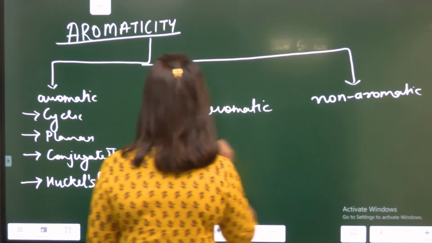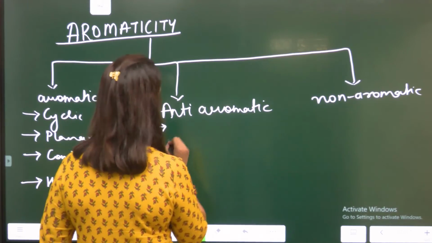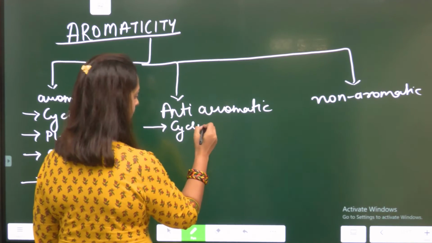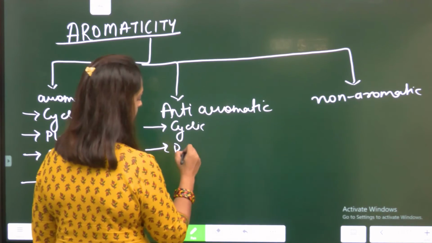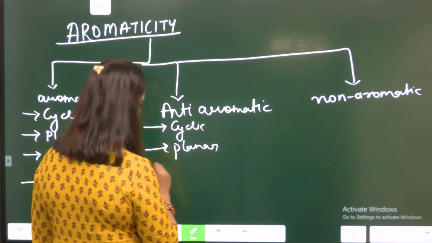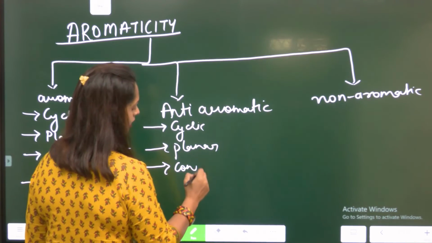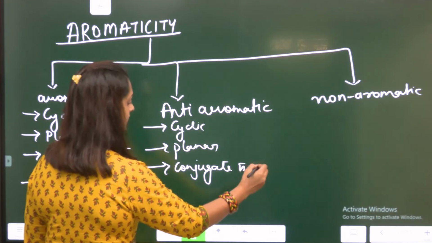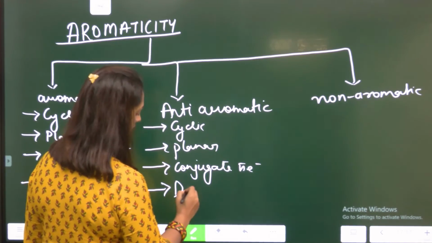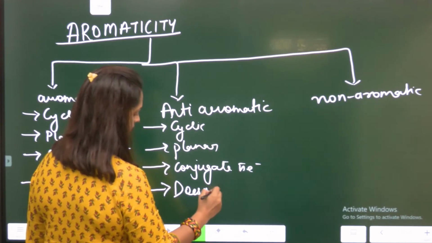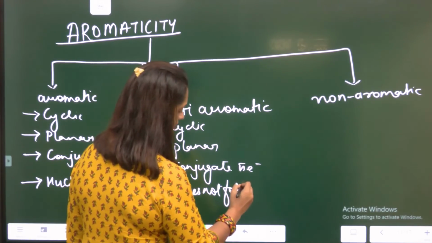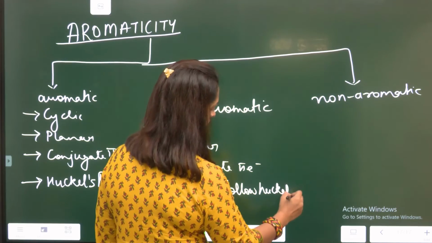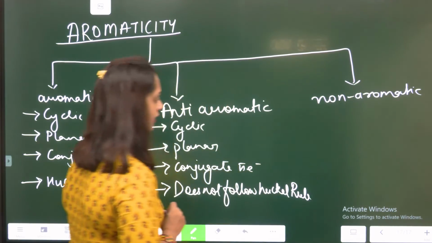In anti-aromatic, what is the rule? It is cyclic, definitely. It is planar. It has conjugated pi electrons, but it does not follow Huckel's rule. Right?